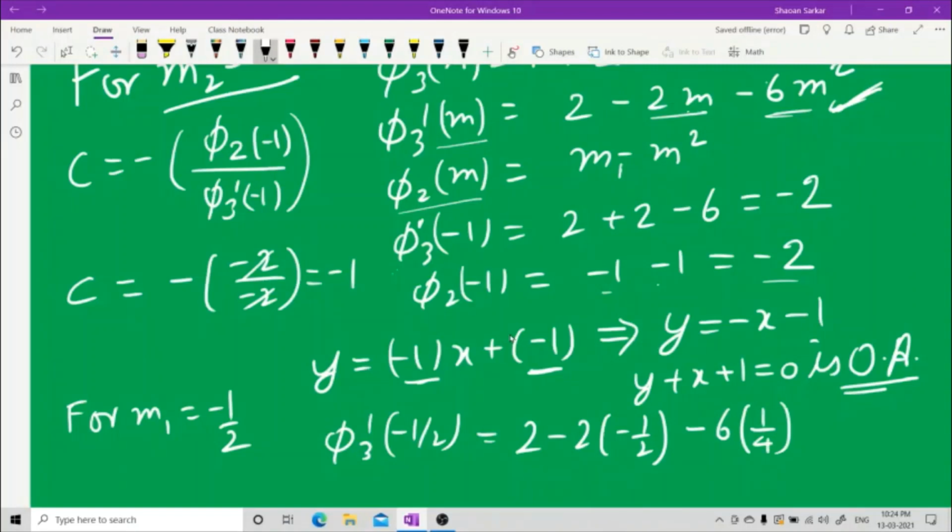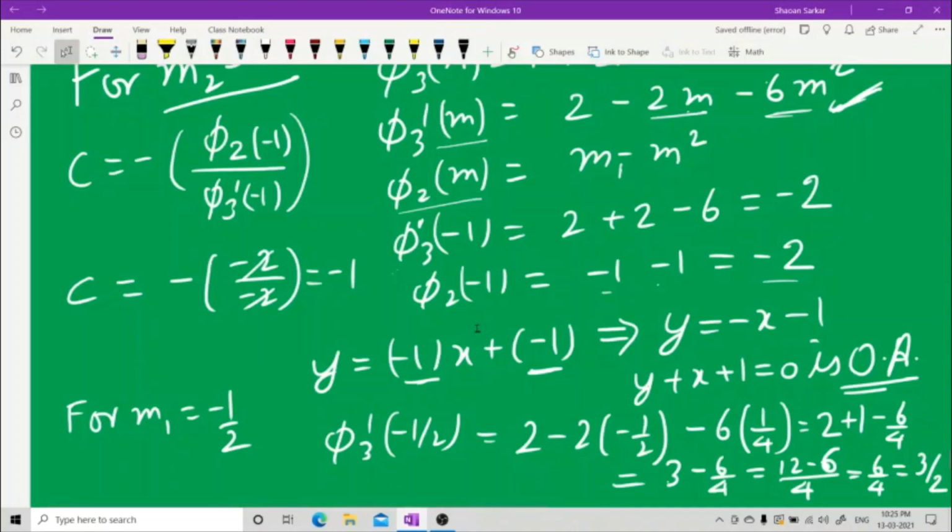So this will be 2 plus 1 minus 6 by 4. That is nothing but 3 minus 6 by 4, that is 4 threes are 12, 12 minus 6 by 4, this is 6 by 4, that is nothing but 3 by 2.